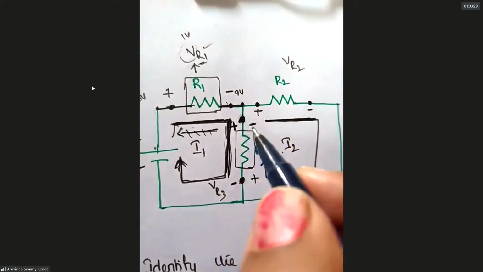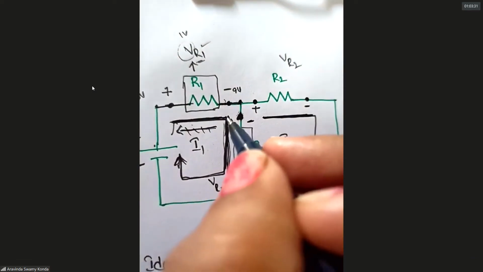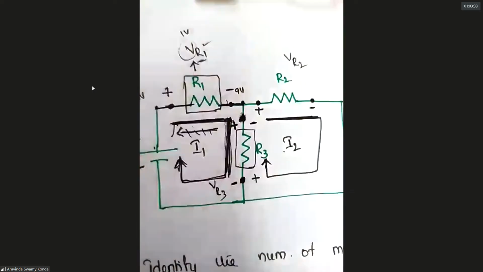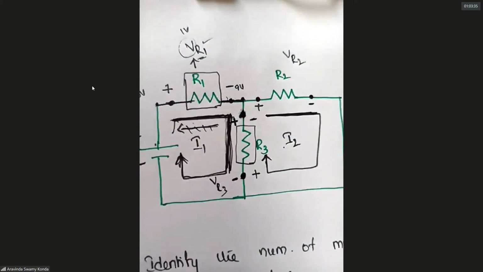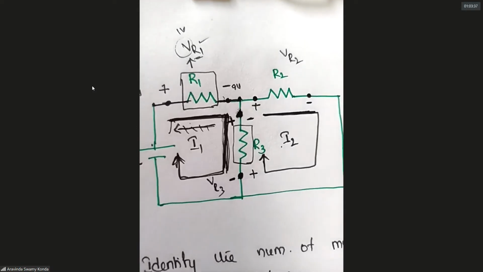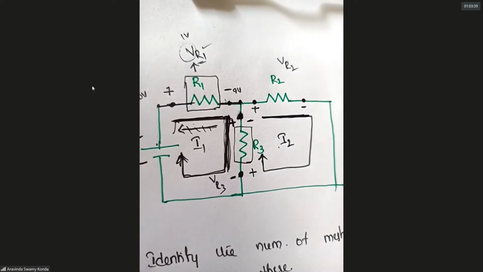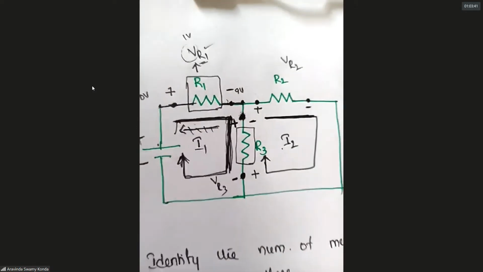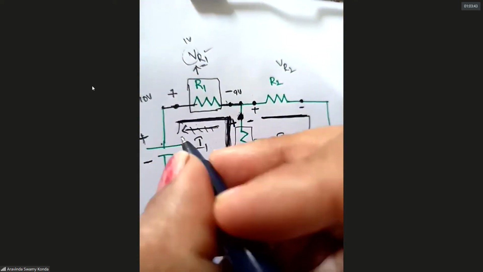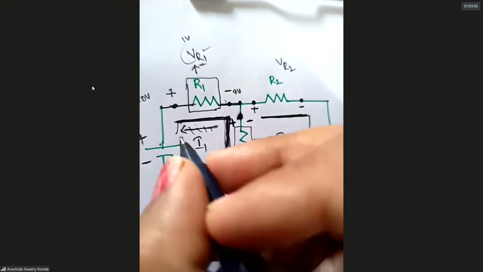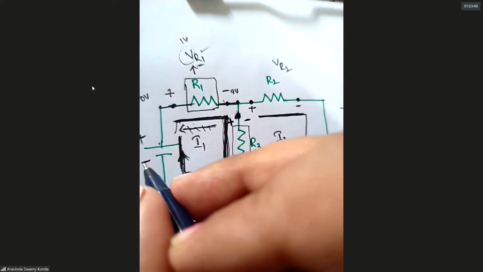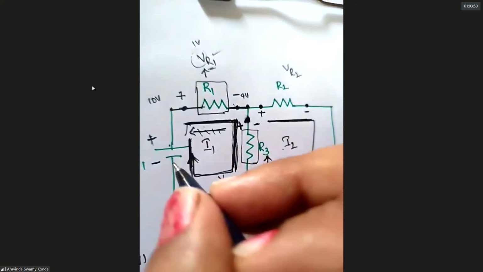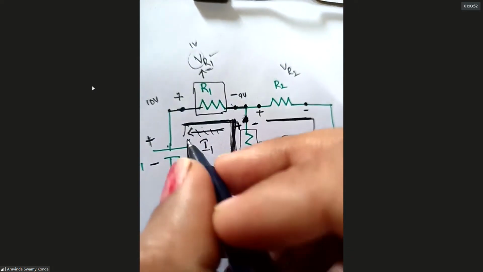And next, for VR3 also you are going from plus to minus, right? Yes, sir. Is it plus or minus? Minus, sir. And for V1 you are going this way, from minus to plus.